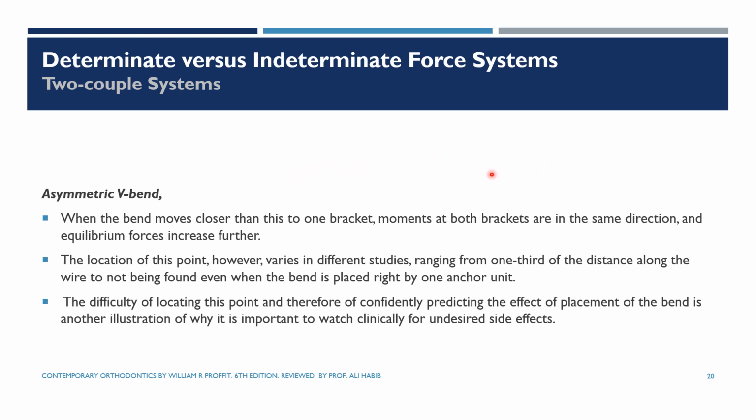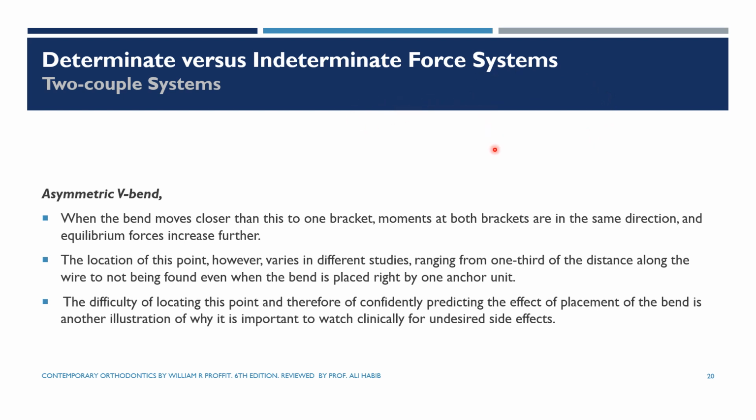As we come closer to the posterior segments with the V-bend, we might reach a point where we cancel the moment, so the distant teeth, the anterior teeth, will feel no moment at all. And if we come even closer to the posterior segment, this will apply a moment in the same direction as the moment felt by the posterior teeth.